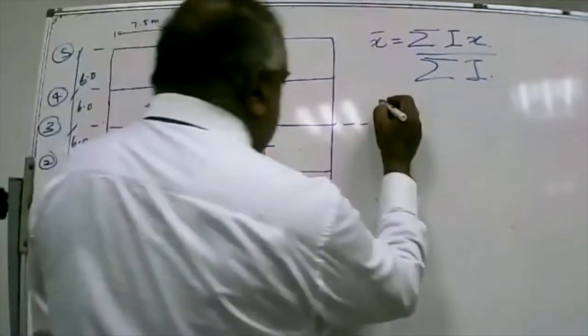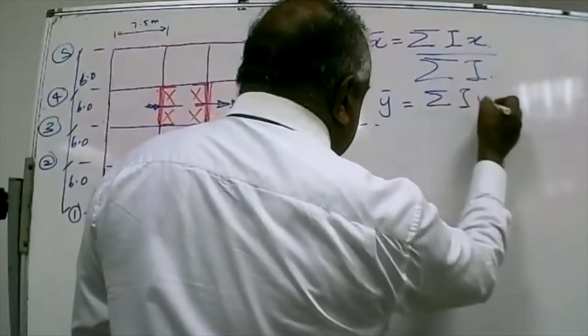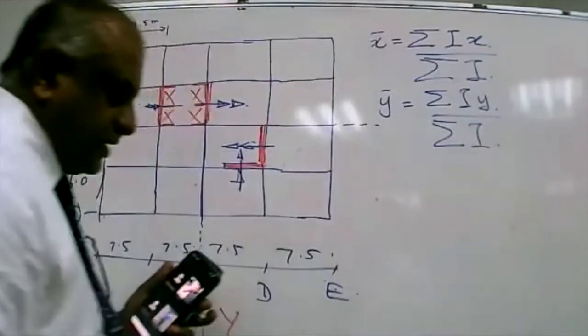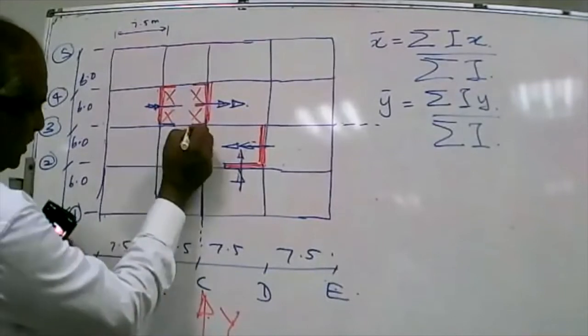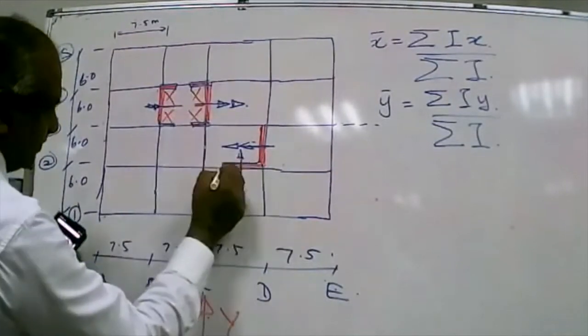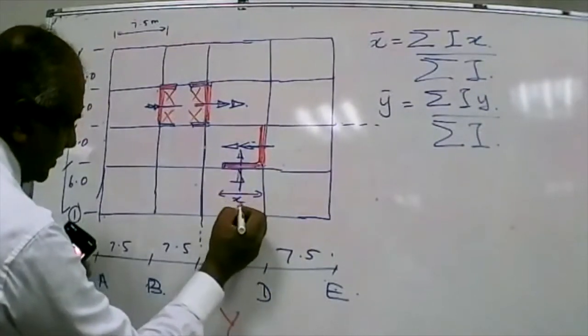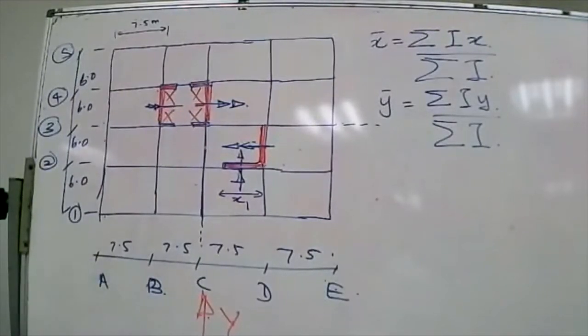So what we do is we take y bar is equal to sigma Iy divided by sigma I. And when you take that direction, you have to add this wall and this wall. And let's say the length of this wall is x1. Then you can calculate the length of that wall.